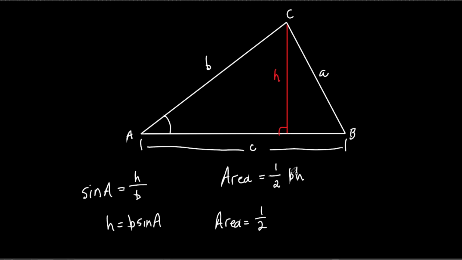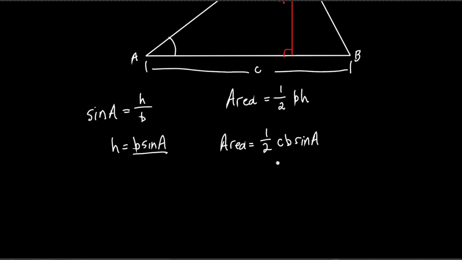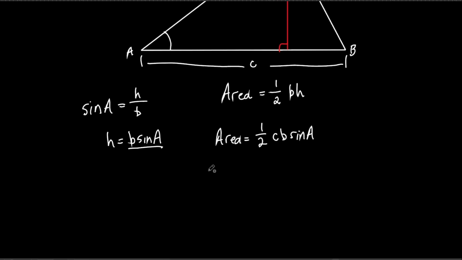So let's do this. What is the base? Well, it's letter C in our picture, right? So I put C times the height. What do I know as the height? I know the height right here. So I'm going to write B sine of A. Looks a little ugly. We're going to make it look a little bit better. Instead of CB, wouldn't you rather go alphabetical order?